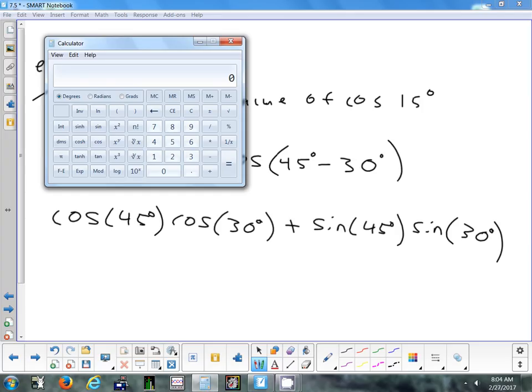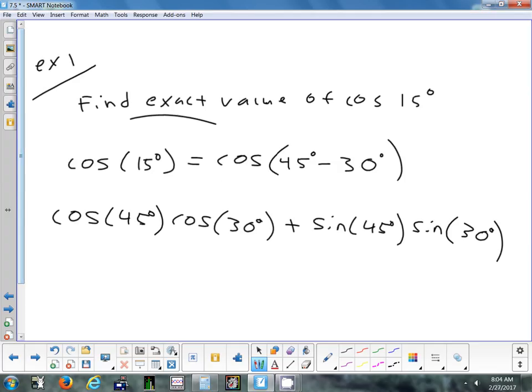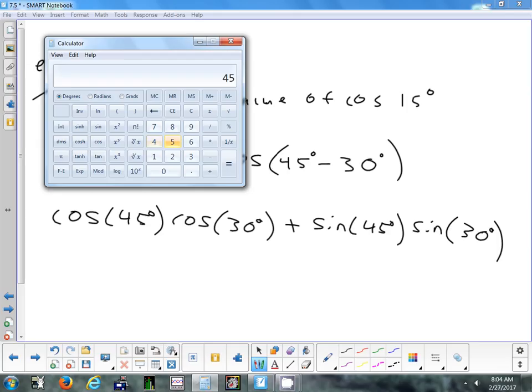If we type it in and get a decimal, we have to recognize it as an exact answer, because the problem said exact, so we can't round anything off. The cosine of 45 is 0.707. What's 0.707 as an exact fraction?